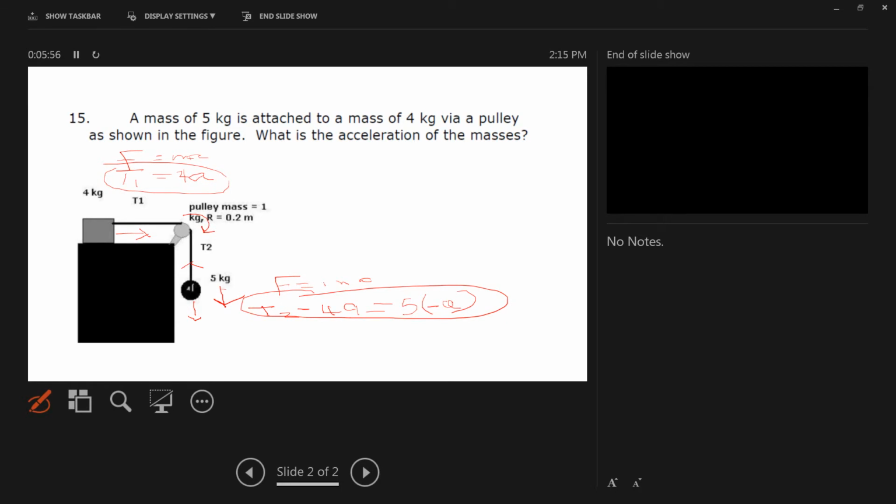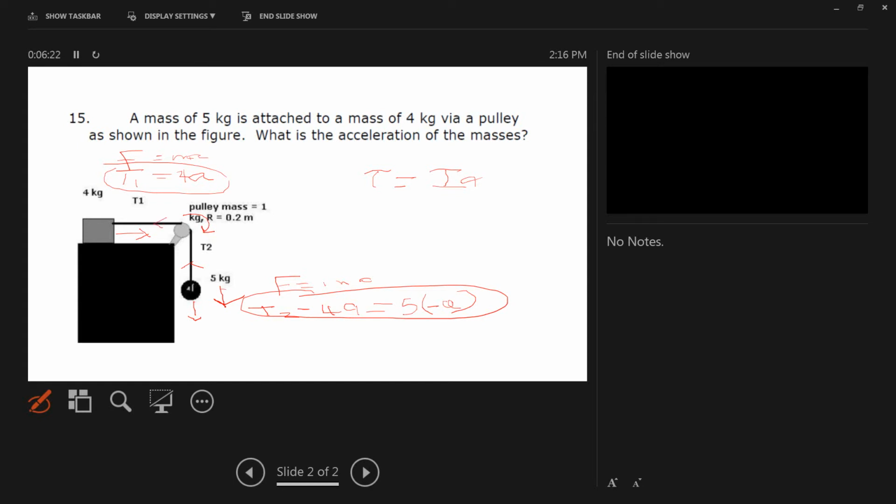The last object that's moving here is the pulley. The pulley obeys the equation torque equals I alpha. The torque acting on that pulley is from the center right here. We have a radius that takes you up to the tension T1.